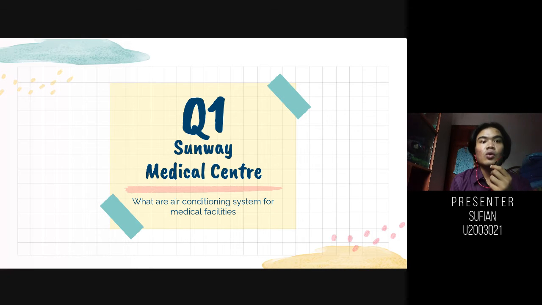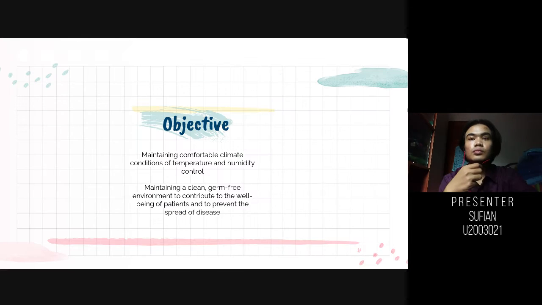For question 1, what are air conditioning systems for medical facilities? Air conditioning systems play a very important role in hospitals, not only by maintaining comfortable climate conditions of temperature and humidity control, but also by maintaining a clean, germ-free environment to contribute to the well-being of patients and prevent the spread of disease.